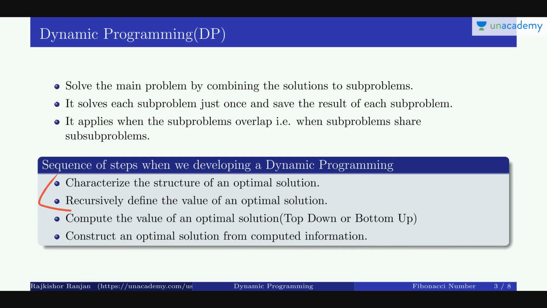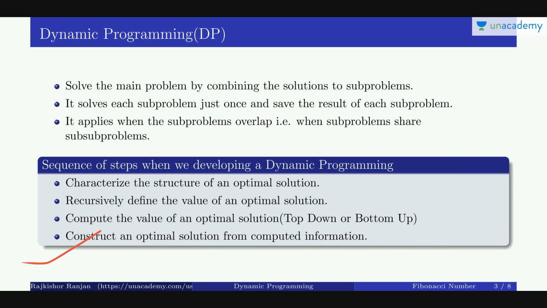Once we have these two steps, we compute the value of an optimal solution. We compute the value of the optimal solution by using a top down or bottom up approach. We have already discussed it in our first lecture for finding the nth Fibonacci number. The fourth step is to construct an optimal solution from the computed information. If we need to construct the optimal solution itself, then we need the fourth step.